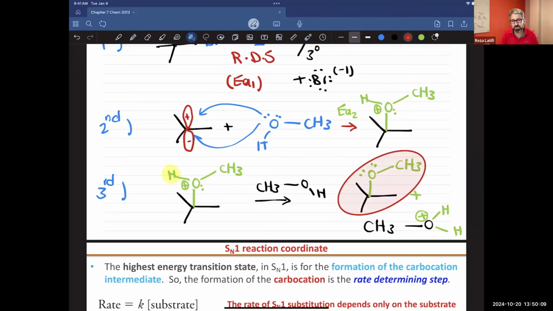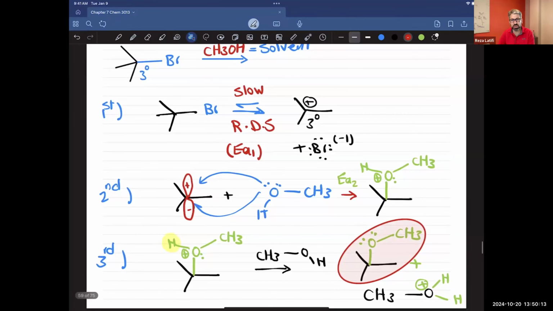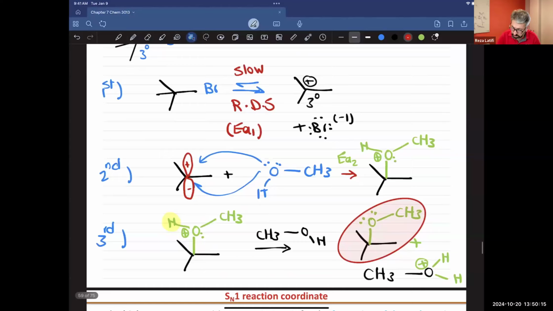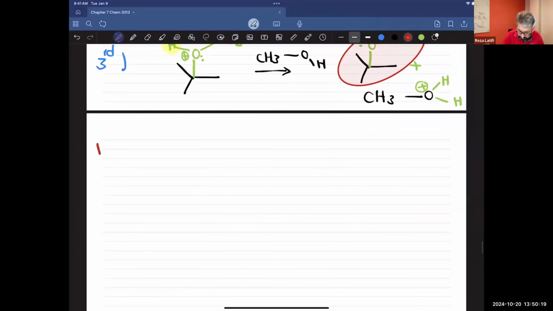We got nucleophilic substitution. We technically replaced the bromide with a methoxide group. So let's write the product. The first product will be this. We started from here. We had bromide, and we treated it with alcohol.